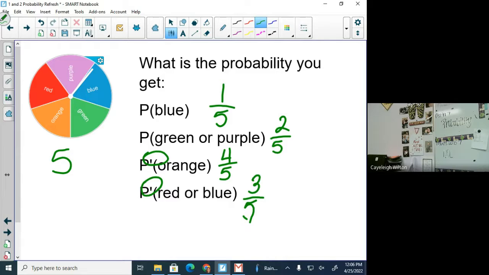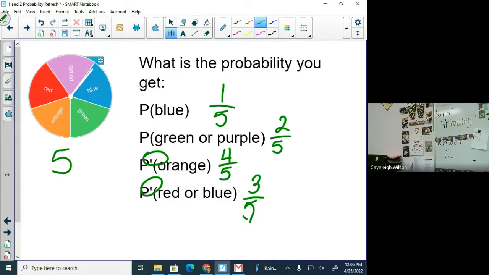Experimental is when you actually experiment and do it and find out the actual probability. Theoretical is the probability that you think will happen. All of these that I just did were theoretical probabilities. All of these are what I thought should happen if I spun the spinner.